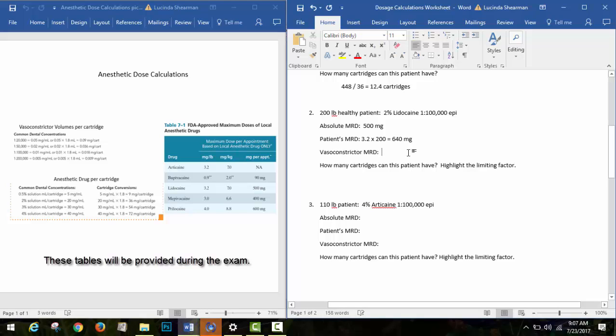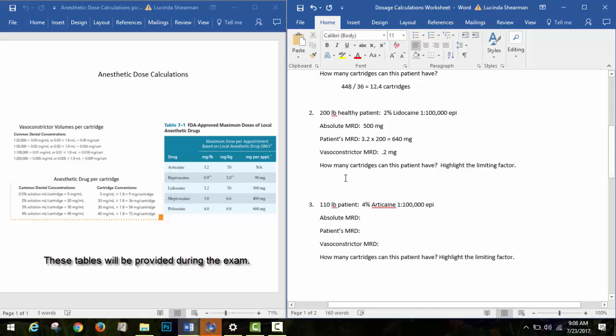Now, I put the vasoconstrictor MRD here not because there was anything to calculate, but because I wanted to highlight just which vasoconstrictor MRD you were having to deal with for this patient. So this is a healthy patient who can have epinephrine. So the MRD for a healthy patient on epinephrine is 0.2 milligrams.